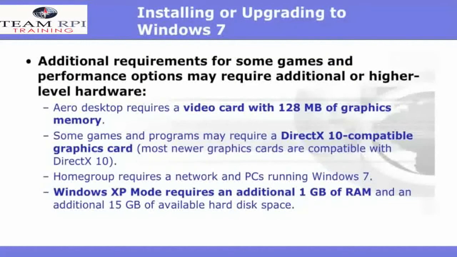There also may be some additional requirements for some games and performance options, like a video card with at least 128 megs of graphics memory, DirectX 10 compatibility, and if some of your applications require you to run in Windows XP mode, you're going to need an additional gigabyte of RAM and at least 15 gigs of available hard disk space.